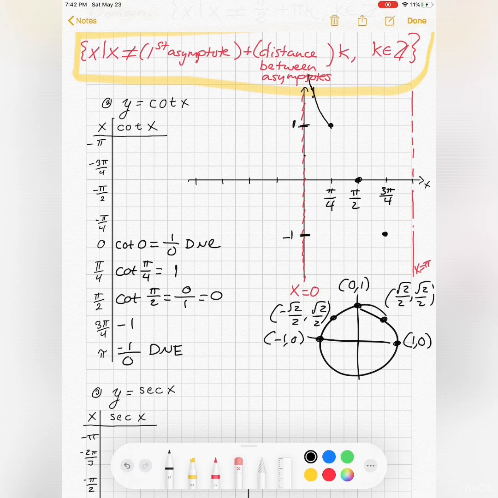Okay, so this looks similar to tangent, but flipped and shifted.